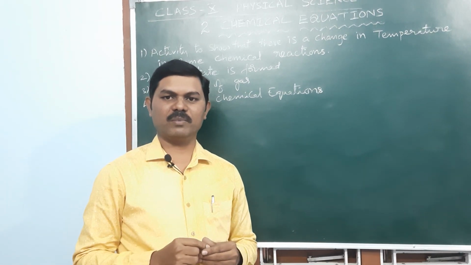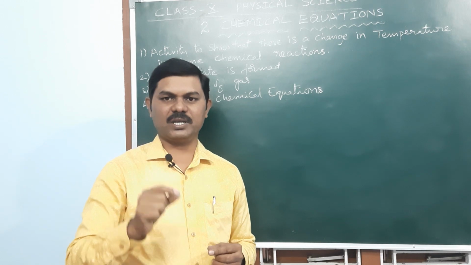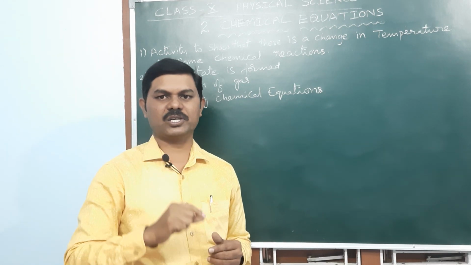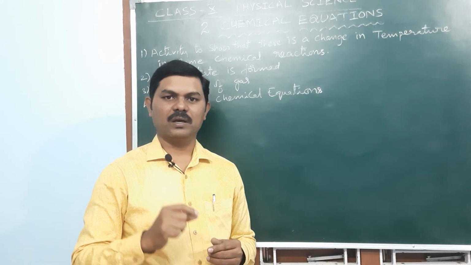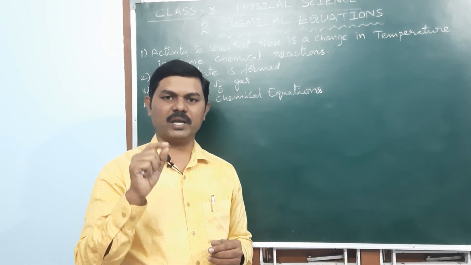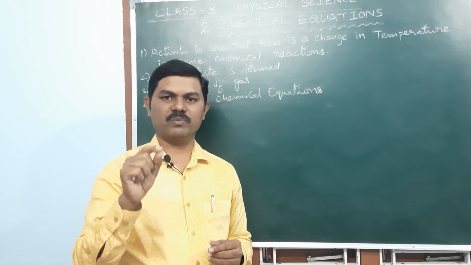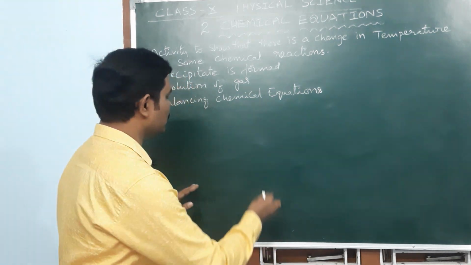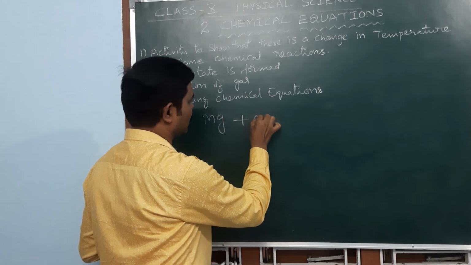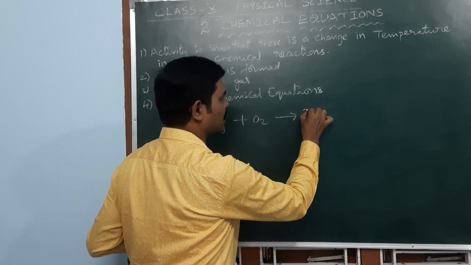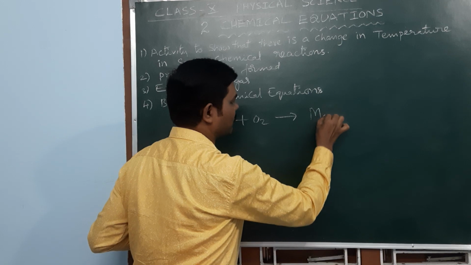A chemical equation is a shorthand representation of a chemical reaction using symbols and formulae. For example, when magnesium reacts with oxygen, it forms magnesium oxide. By using the symbols, magnesium Mg and oxygen O2 produce magnesium oxide MgO.